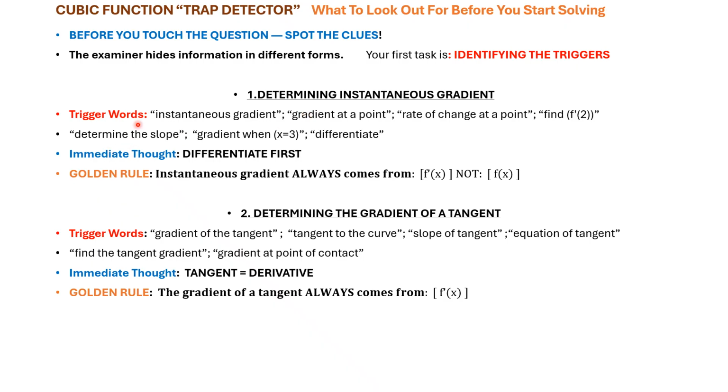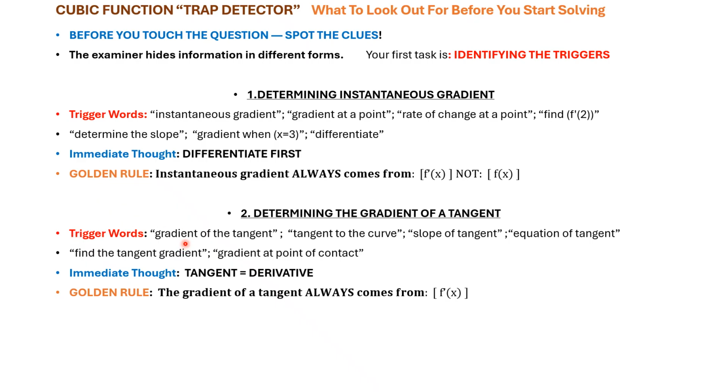So the immediate thought, when you hear instantaneous gradient, is that we must differentiate first. An instantaneous gradient always comes from the first derivative and not the original equation. This question can also be restructured. Determine the gradient of a tangent.